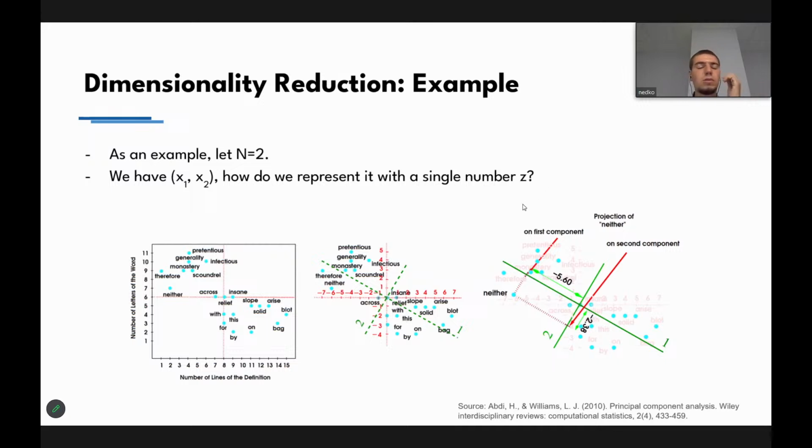It's a method called principal component analysis. I'm not going to get into the details, but imagine we have a data set of words and we have 2 variables to represent them: the number of letters in the words and the lines of the definition in a dictionary. So we have 2 dimensions and where each of them falls in.